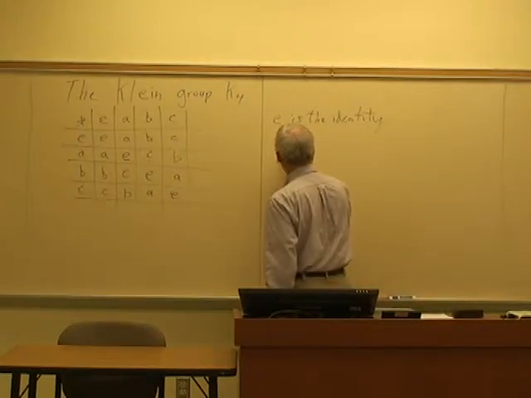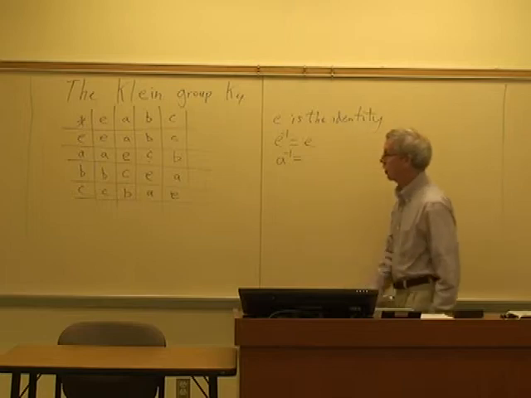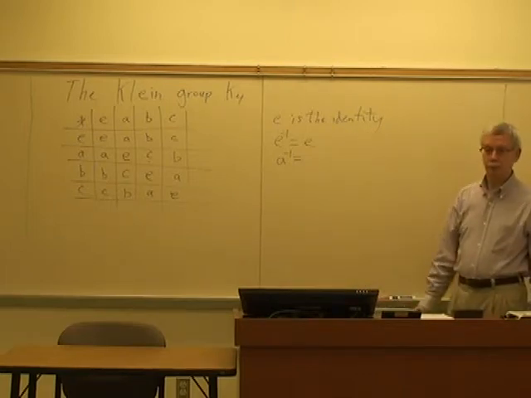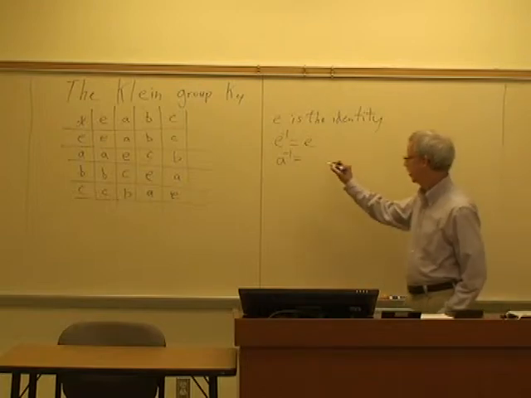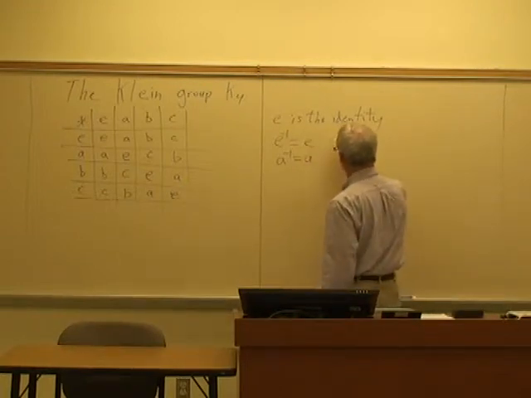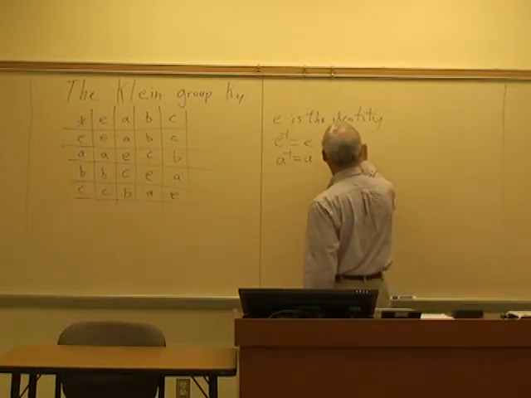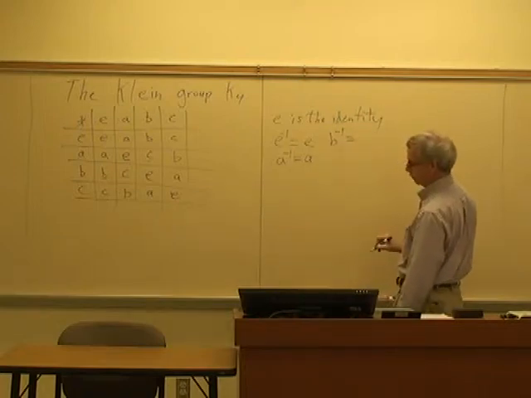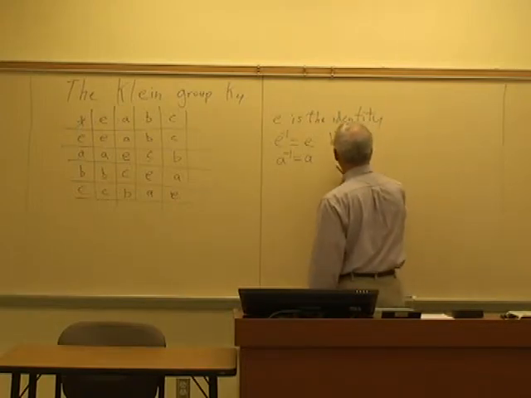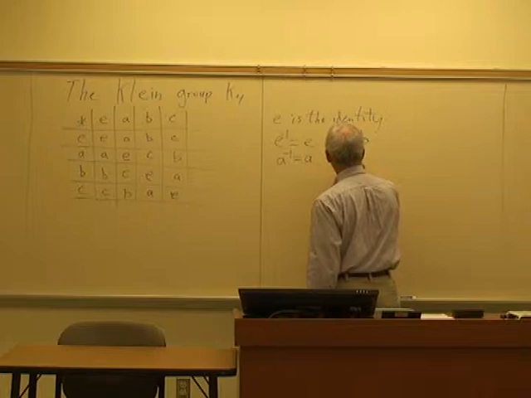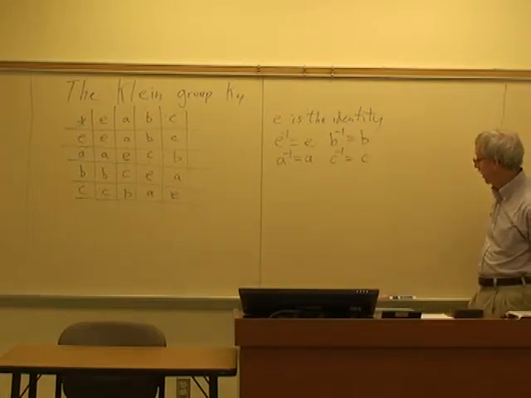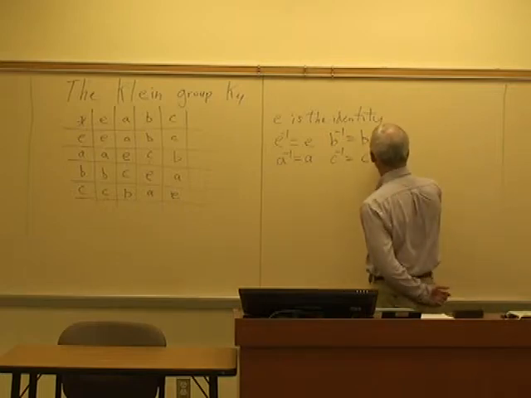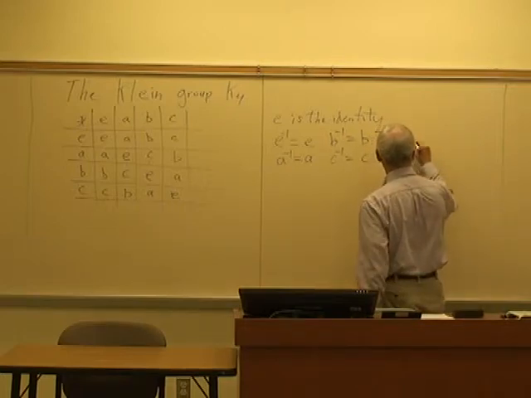What would A inverse be in this case? What do I multiply A by to get the identity? A, right? And then what do I multiply B by to get the identity? B. And what do I multiply C by? C. So each element is its own inverse. Everybody's got an inverse, so I have inverses.